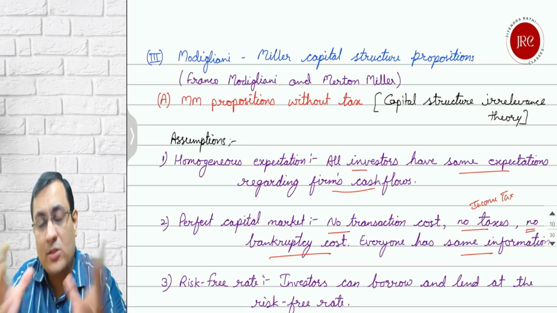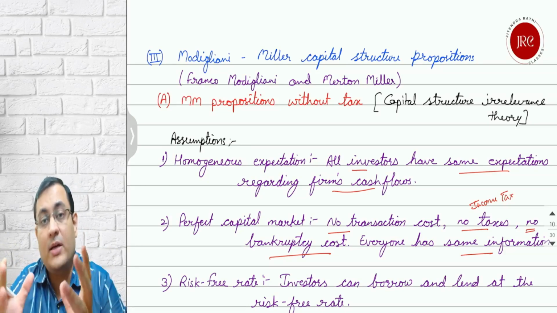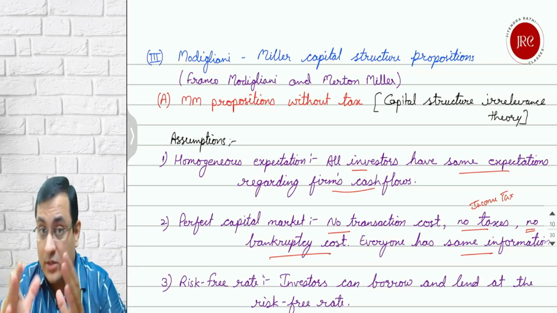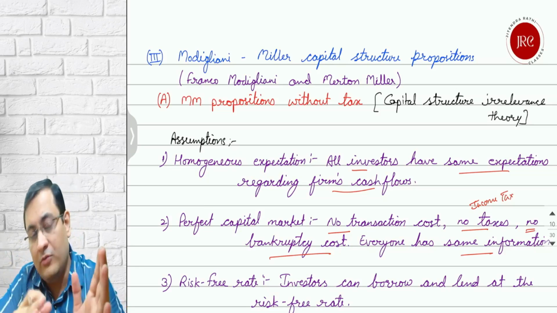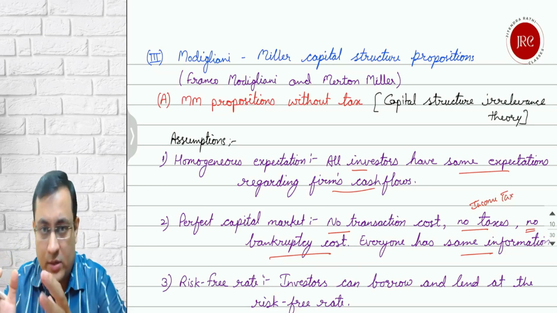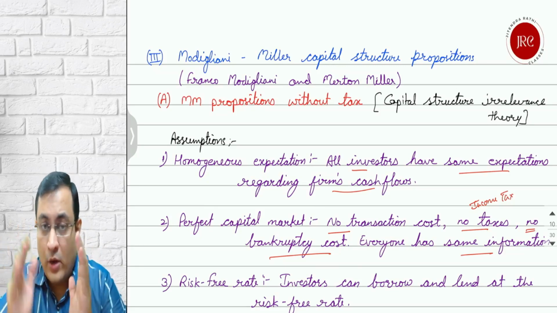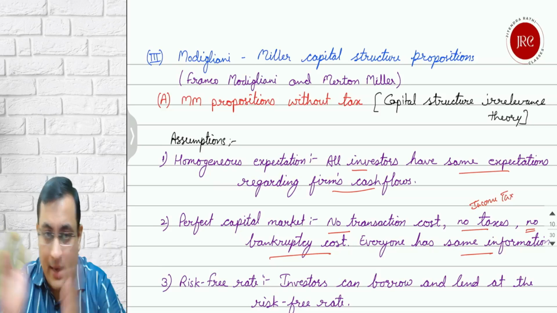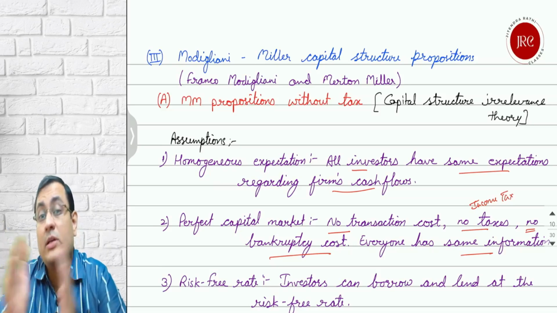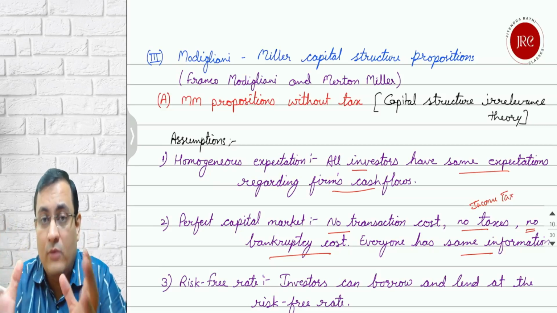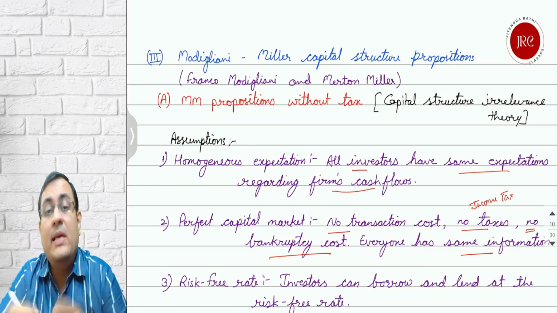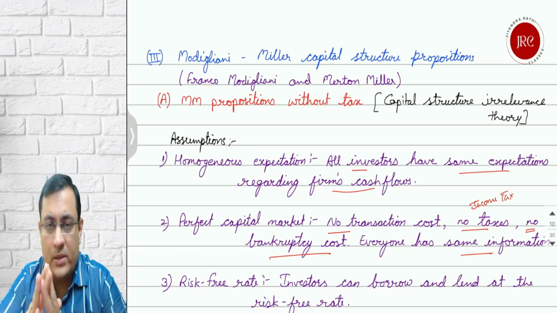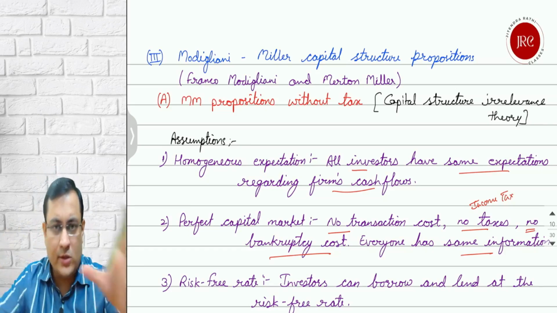When I say best or optimum capital structure, it should maximize the valuation and wealth of the company as well as the shareholders. So any capital structure level, any debt equity combination which is going to maximize the overall value of the firm and the value of equity shareholders will be treated as the best or optimum capital structure. That is the objective of studying all these theorems.